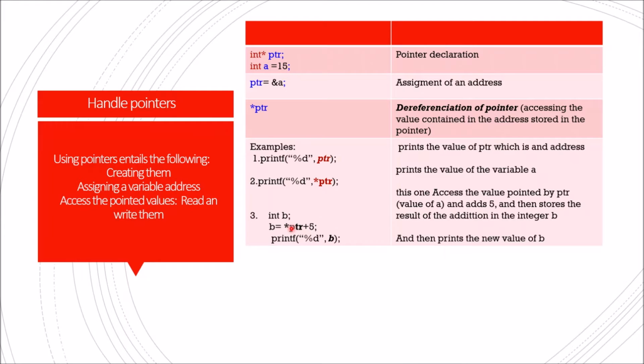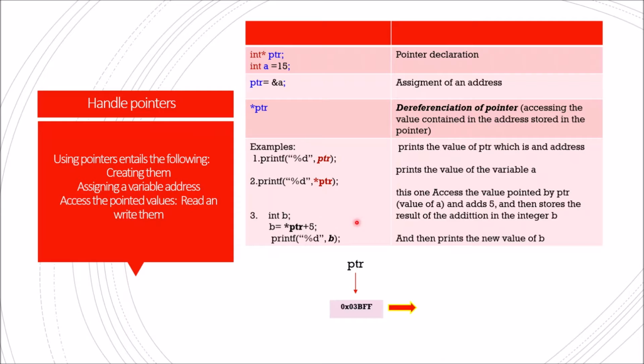It means the value contained in this address, which is 15, because ptr is pointing to a, which contains the value of 15. This asterisk means we are extracting the value contained in this address. So it will be 15 plus 5 equals 20. This is the result that we are going to print.